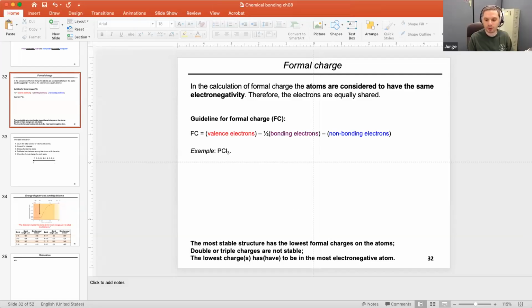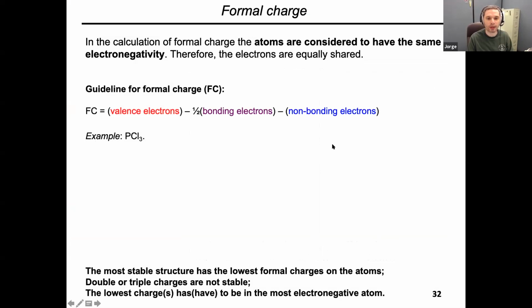So I introduced you how to calculate the formal charge of an element. We are always going to use the number of valence electrons minus half of the bonding electrons minus the non-bonding electrons. Remember, each covalent bond uses 2 electrons, okay?